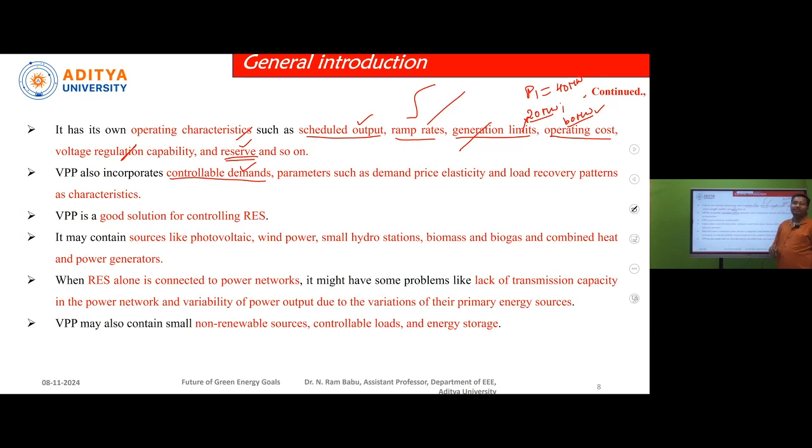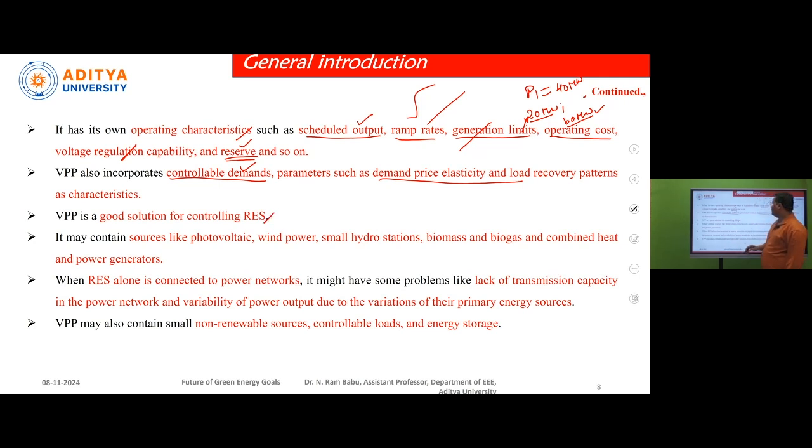With the help of our independent system operator and DSM technology, they will be sending signals, that means ICT technology, so that these loads can be operated from a remote place also. Next one is parameters such as demand price elasticity and load recovery patterns as characteristics. And this VPP acts as a good solution for the controlling of renewable energy sources.